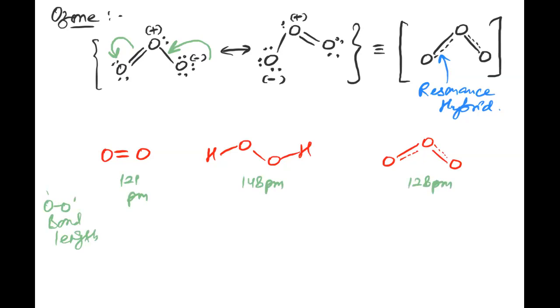So the bond length of ozone lies between a single bond and a double bond. Its bond order is somewhere between 1 and 2, very similar to a 1.5 bond.